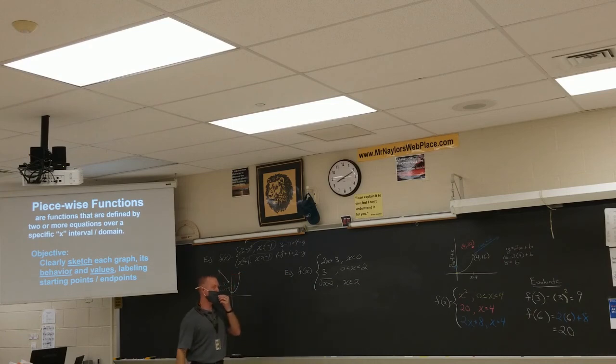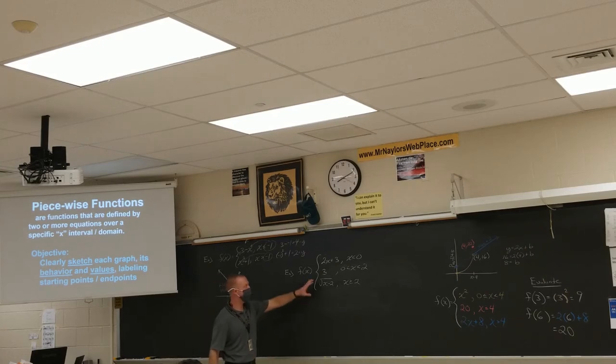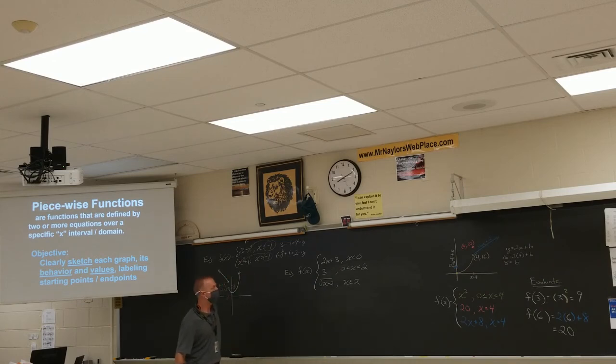So I've got 2x plus 3, x is less than 0. We've got 3, just the number 3, for x's between 0 and 2. And then we've got the square root of x minus 2 for x's greater than or equal to 2.